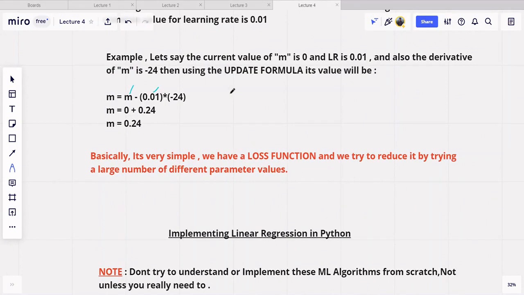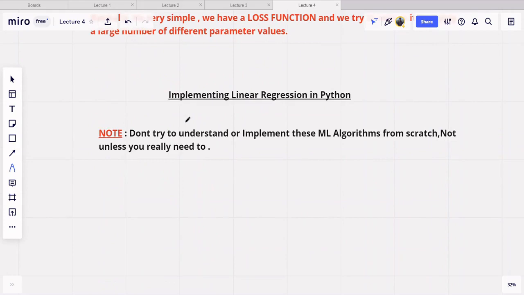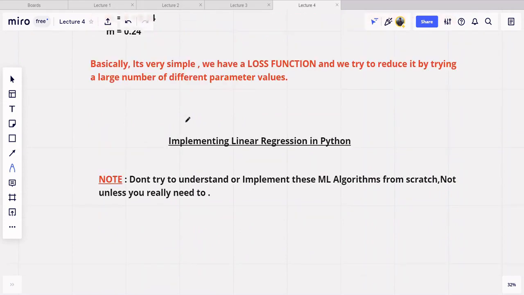Okay, as of now, just keep this in mind. Now I guess you should have at least a very basic understanding of how a machine learning algorithm works, right?